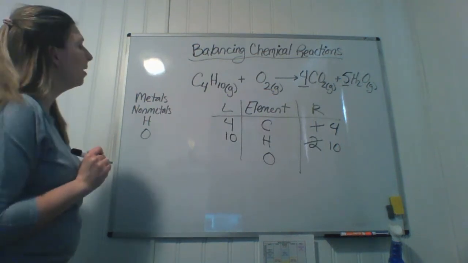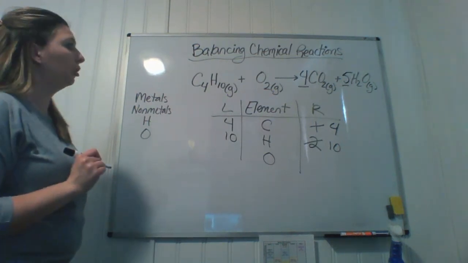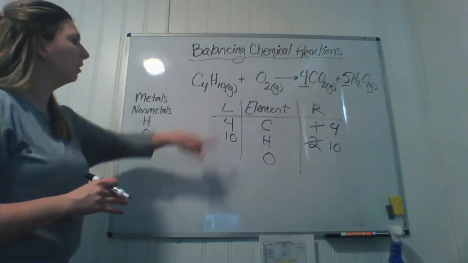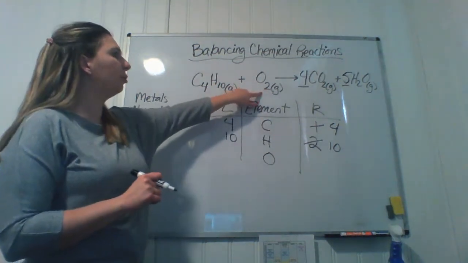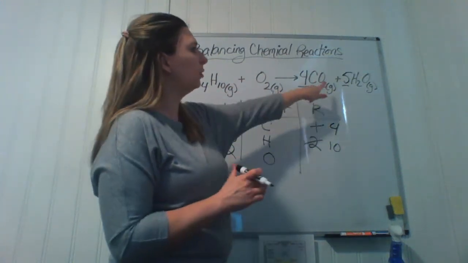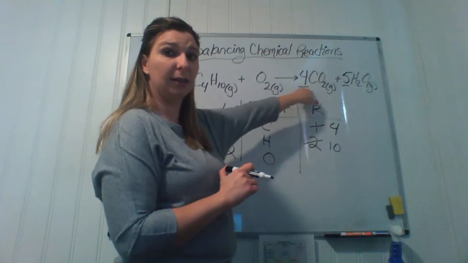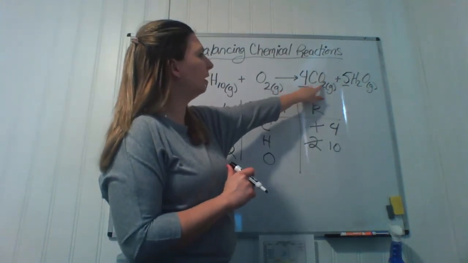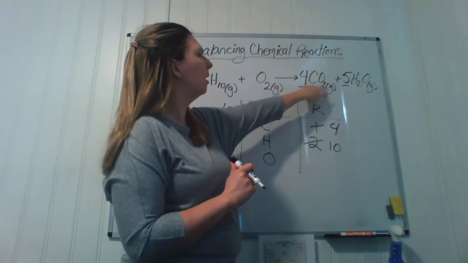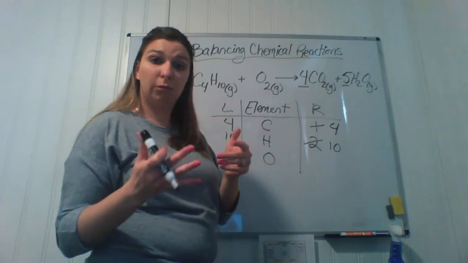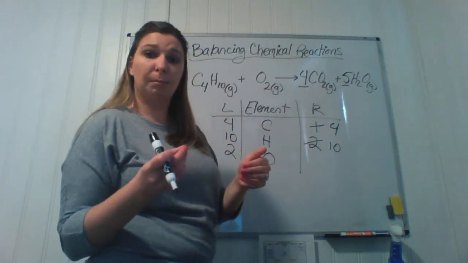which gives us 10 on the right. Now when we get to the oxygen, let's count how many oxygens are on the left. For oxygen, we only have 2 here on the left. But on the right, we have oxygen present in both the carbon dioxide and the water. So now we have 2 oxygens here in the subscript, but the 4 gets distributed. And when we distribute to a subscript, we multiply.